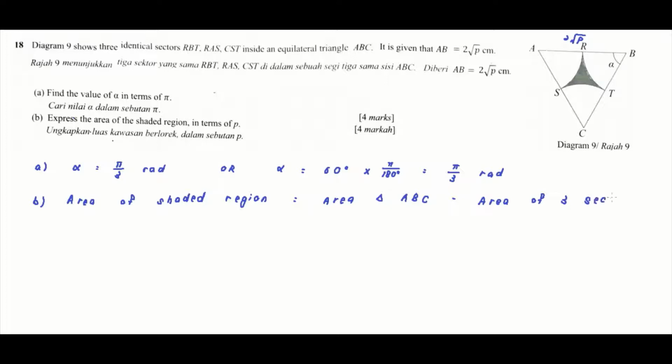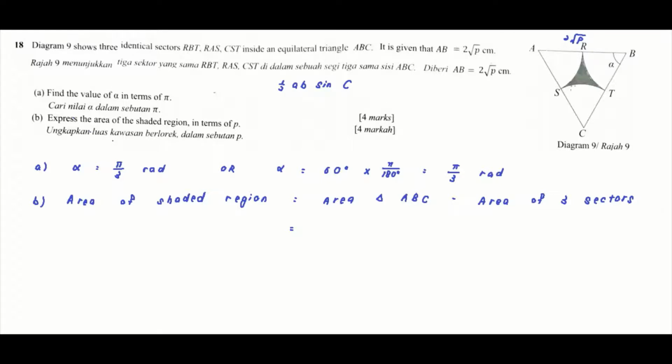Now let's substitute the information that we have here. For the area of ABC, we know that the area of a triangle is equal to 1 over 2 AB sine C, right? So we need two sides with one included angle.